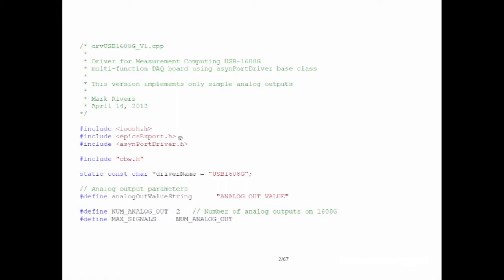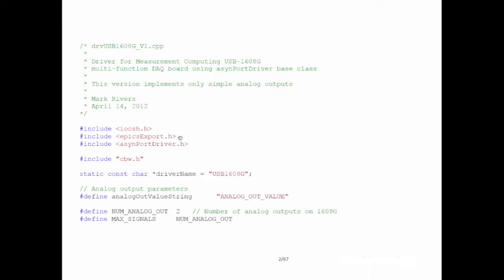And so the thing we have to do is include asynPortDriver.h, and we also have to include their header file. cbw.h is the header file for the vendor library that comes from Measurement Computing, because we're going to be making calls to their library.